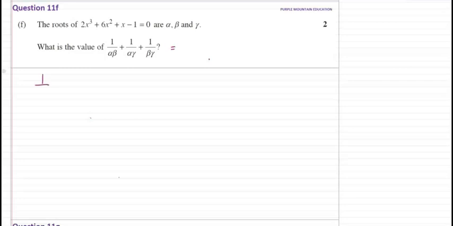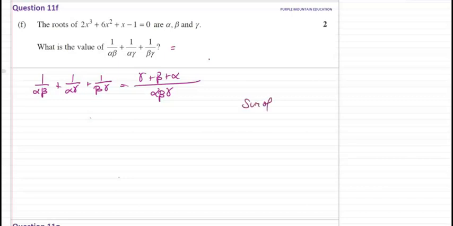Now what they're actually inviting us to find can be rewritten using a common denominator as alpha, beta, gamma, and then the numerator is gamma plus beta plus alpha. So the numerator is simply the sum of roots.